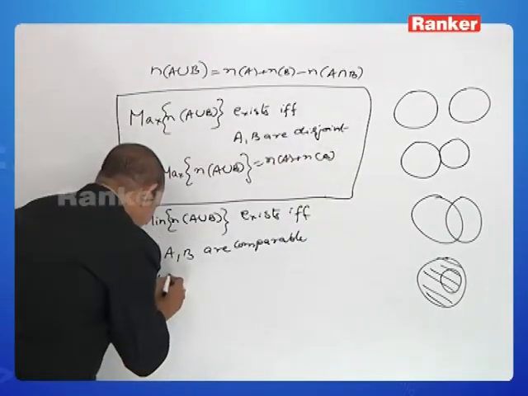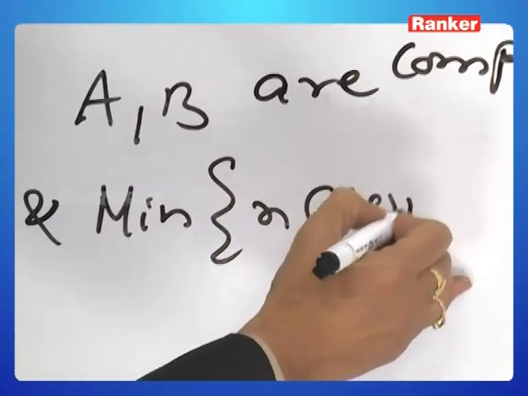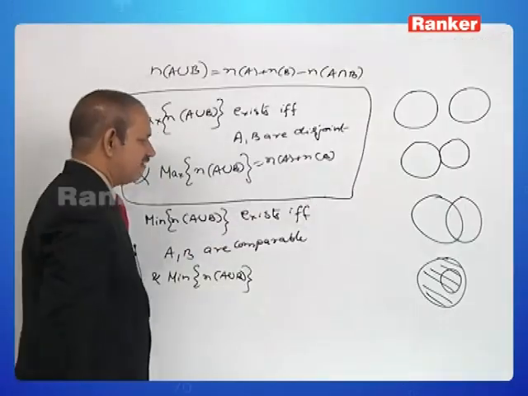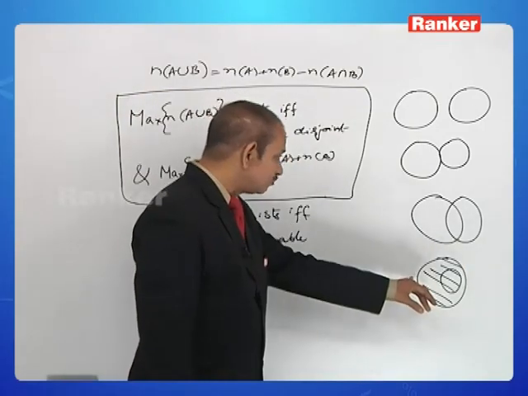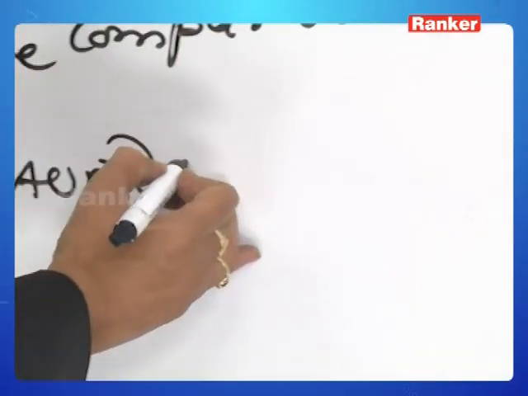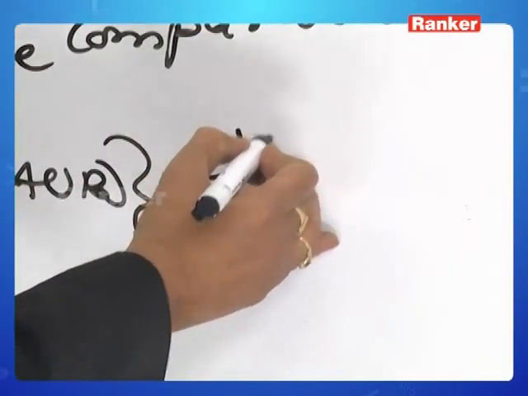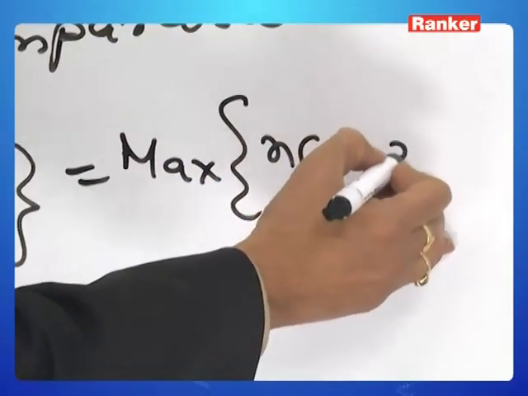And in this case, the minimum of n of A union B is equal to, what is n of A union B here? If this is A, n of A is the answer. If this is B, n of B is the answer, isn't it? Therefore, the minimum of n of A union B is equal to the maximum of n of A comma n of B.